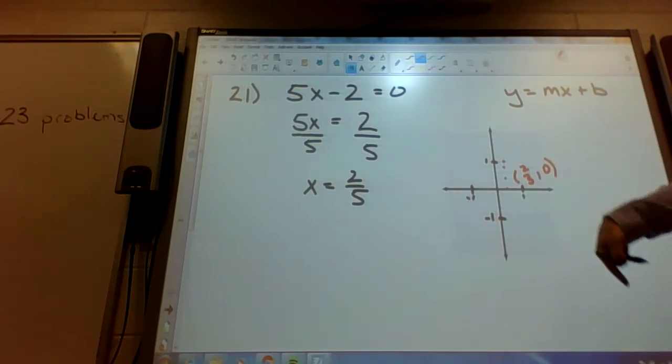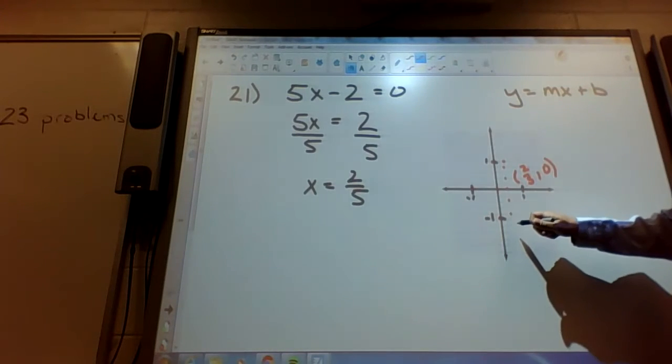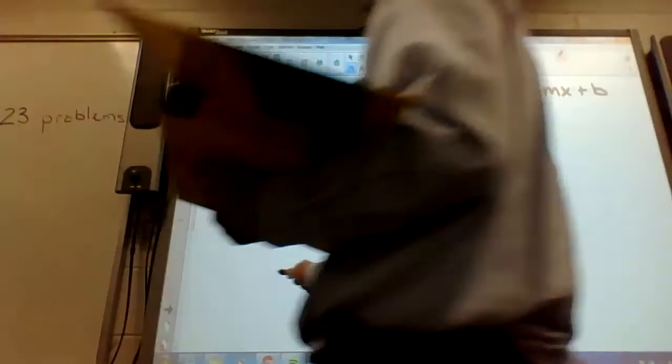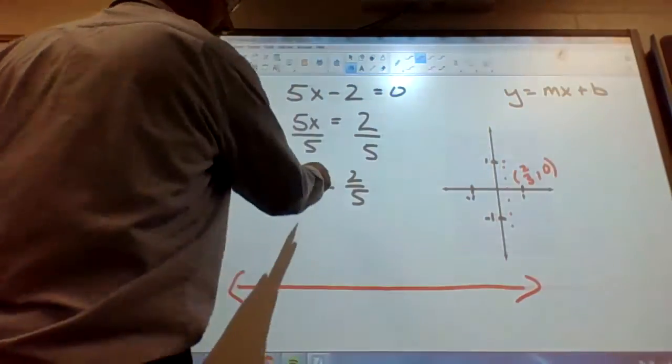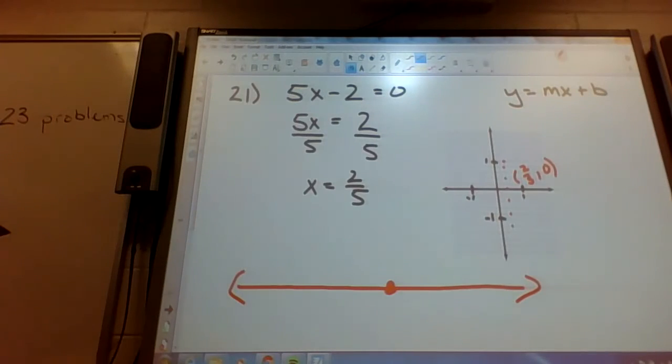Can I go bam, bam, bam? So on a flat number line, x equals 2 fifths is just a dot on a flat number line, right? But on the Cartesian plane, x equals 2/5 is what?